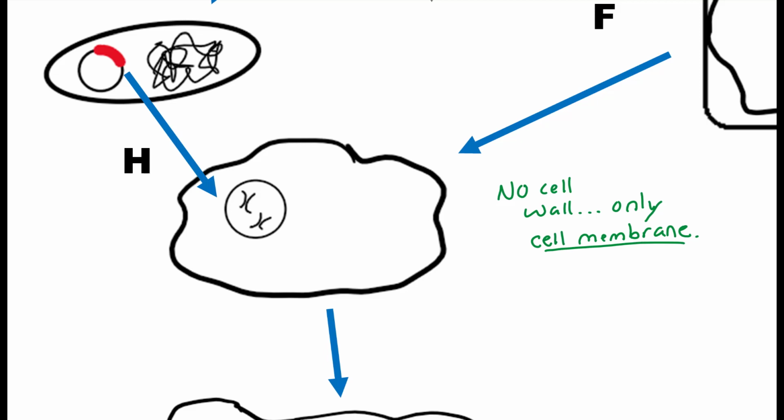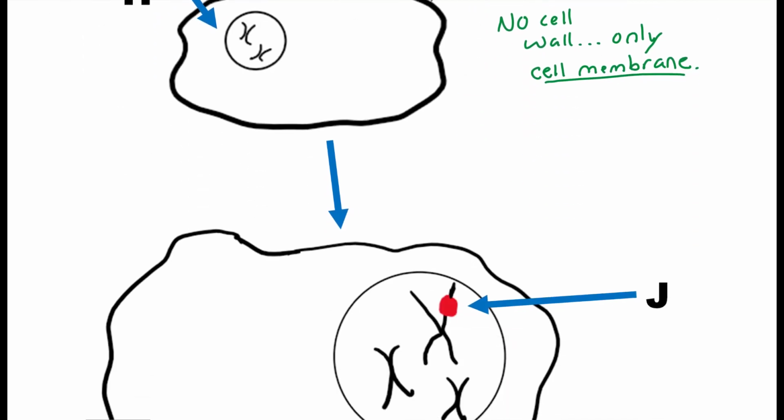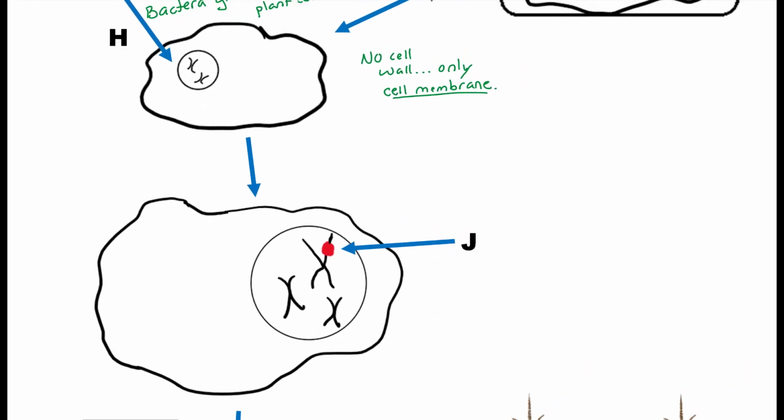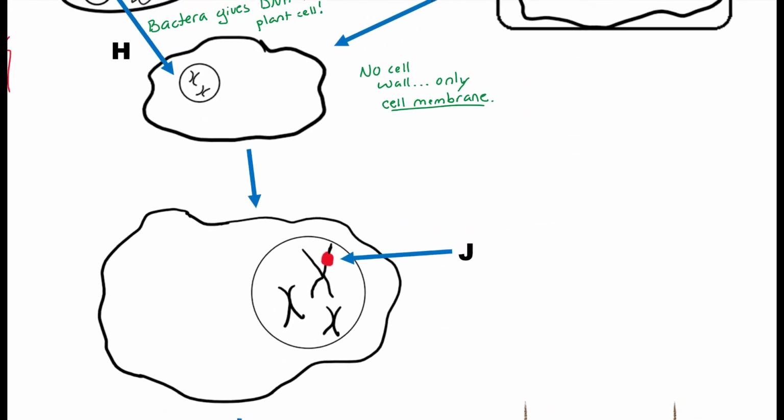You put that genetically modified bacteria next to or with the plant cell, and the bacteria will give the DNA, or will give that specific gene to this plant cell. And you can see the little red gene, that poison gene, it is now part of the plant cell's genome, or part of the plant cell's DNA.